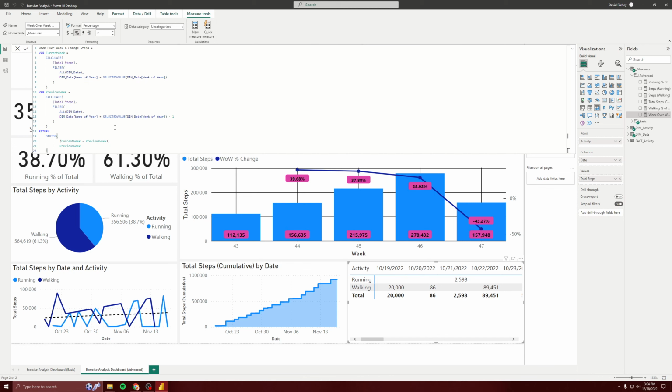Then we do the same thing for the previous week, but we're getting the week before, so 1 week before is the selected value. And then we're dividing the current week over the previous week, minus 1, and that's what's returned here, that percent change.